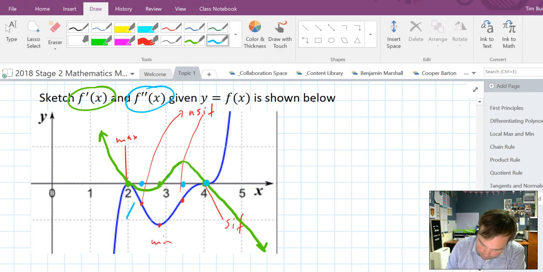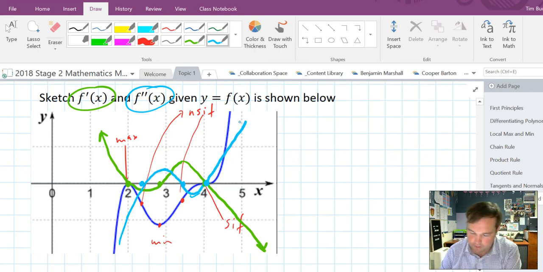This bit here is concave up, we're positive. This bit here is concave down, and from then on it is concave up. So the second derivative looks something like this. Now note, we could stretch that out, but it's going through those critical points that counts. Alright, thank you very much.